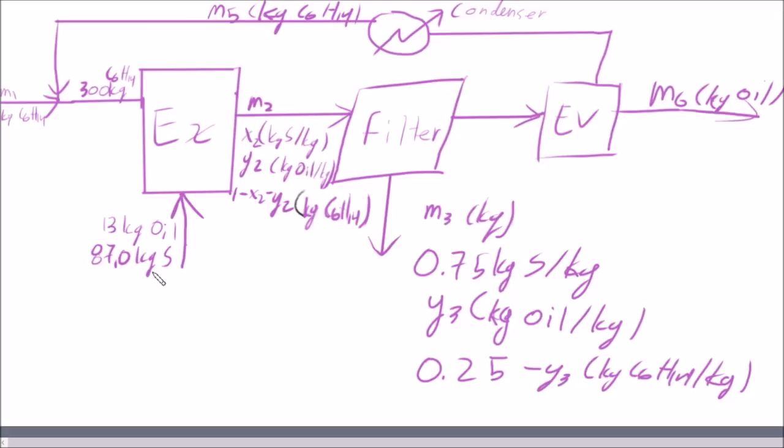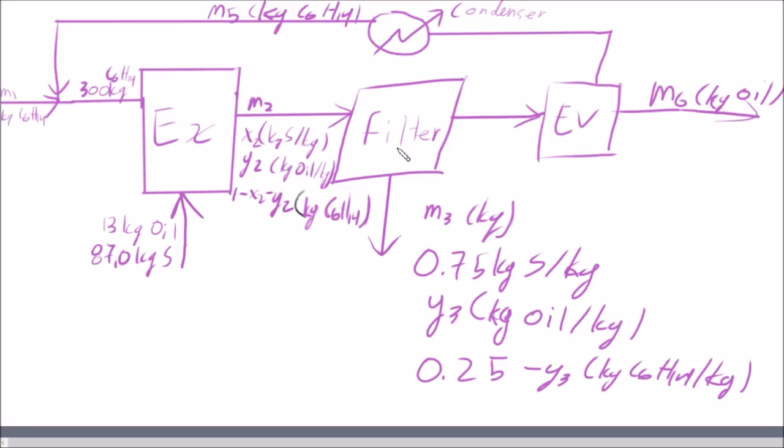So we know that the question states that for every 100 kilograms of bean stuff going in, you've got 300 kilograms of C6H14. It also tells us the ratio between the oil and the solid bean stuff. From there, we know there are going to be three products coming out of the extractor: the solid bean stuff, the oil bean stuff, and the C6H14.